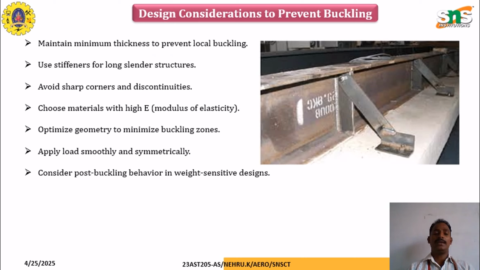Choose metal with a high elastic modulus, which has high stiffness and resistance to buckling. Use optimum geometry to minimize the buckling zone. Apply load smoothly and symmetrically so that it is not unsymmetrical, which will avoid buckling. Consider post-buckling behavior in weight-sensitive design.